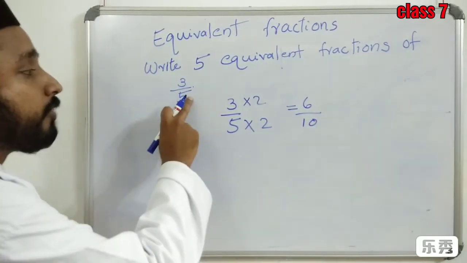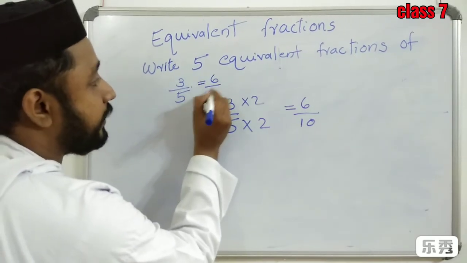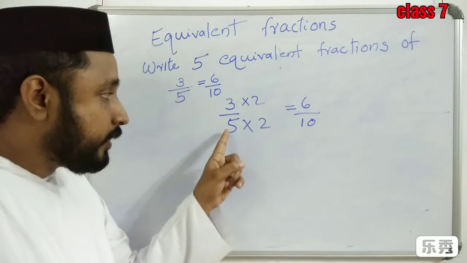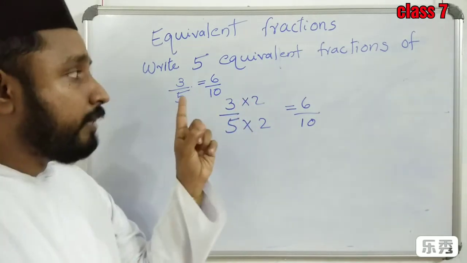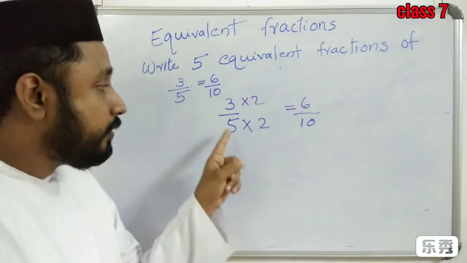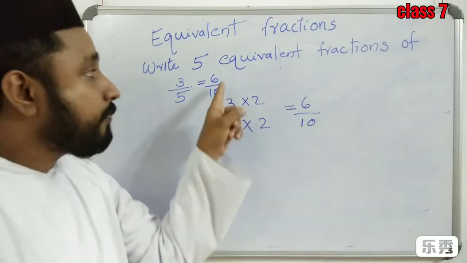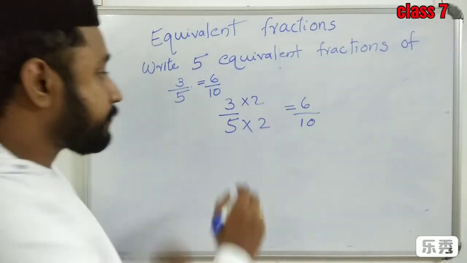So the equivalent of 3 by 5 is equal to 6 by 10. Okay. So multiply the numerator and denominator with the same number. Here 2, here also 2. Then we will get the equivalent fraction. So 3 by 5 means 3 into 2, 5 into 2. 3 into 2, 6. 5 into 2, 10. So 6 by 10 is an equivalent of 3 by 5.